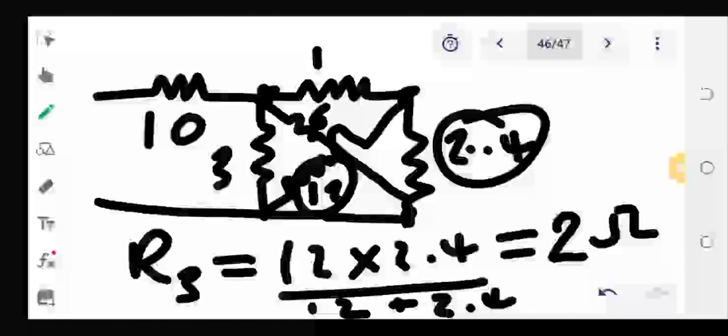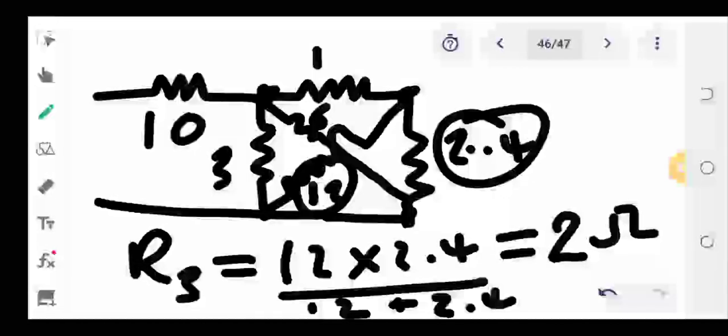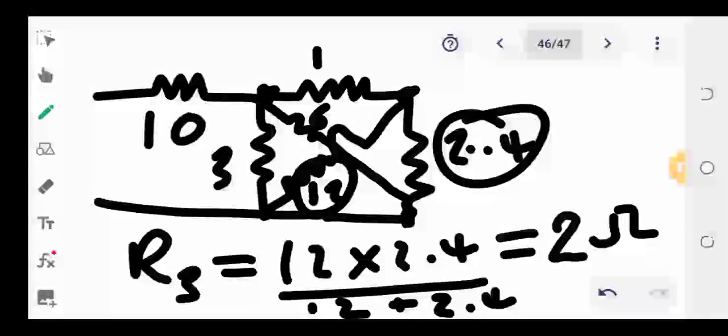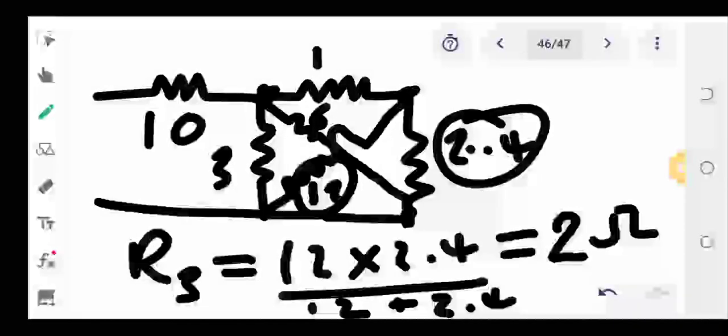Having combined that, the 12 ohm resistor and the 2.4 ohm resistor are now a single resistor.